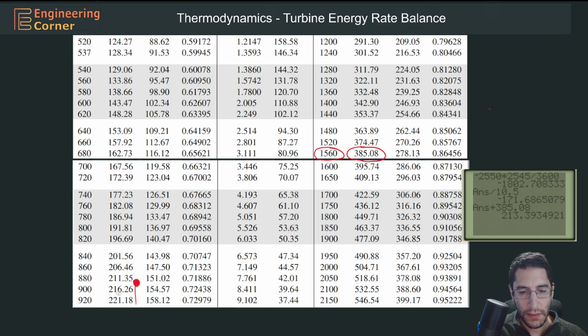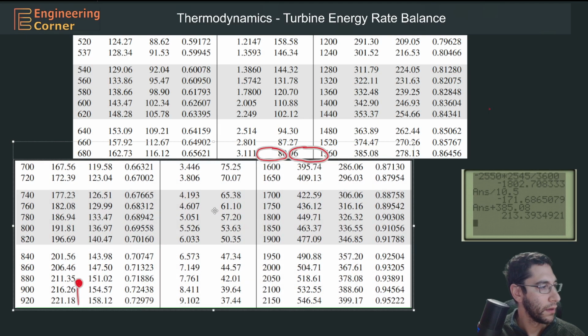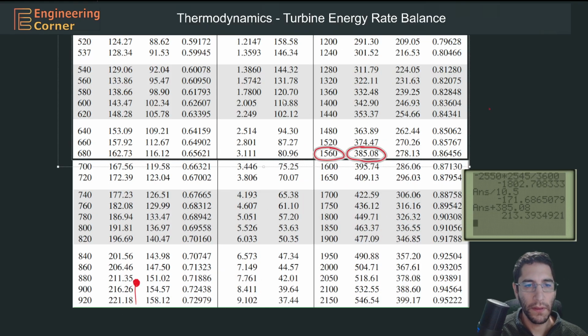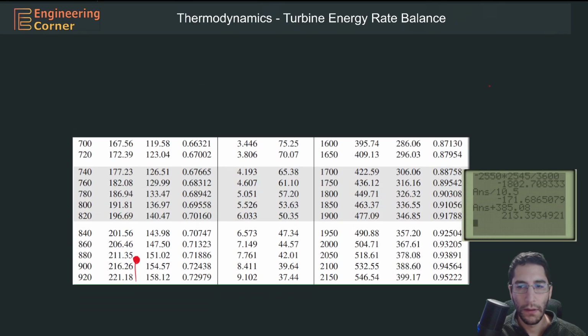So let's actually get rid of this part of the table. And 213.4 occurs somewhere between 880 and 900. So what we're going to do is linearly interpolate.